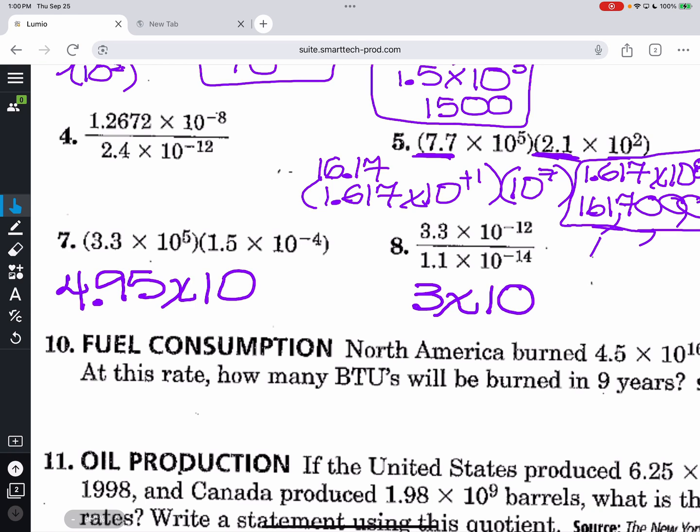Did you get 4.95? Yeah. So you didn't have to change it. So that means 49.5. And then what about number 8? 3 times 10 to the second, which gives us 300.